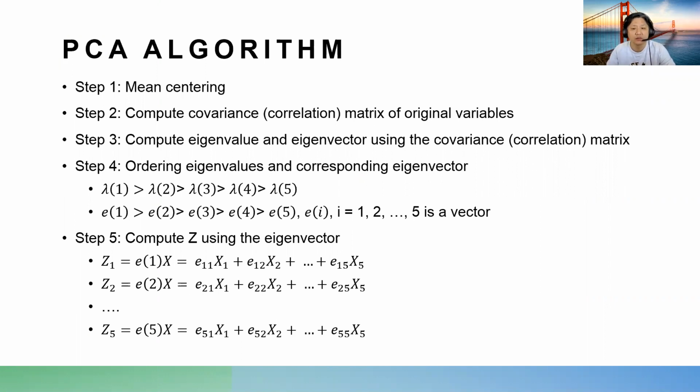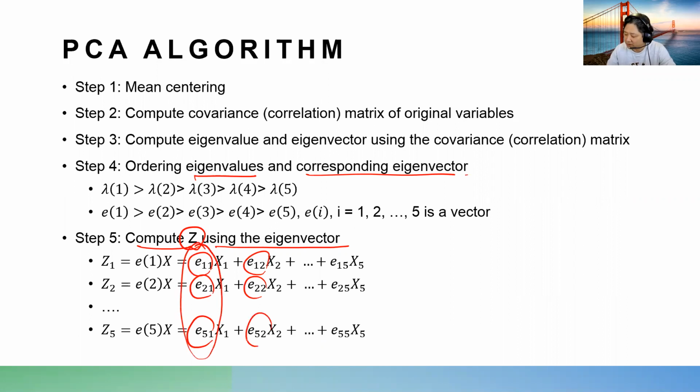To do PCA, we mean center and standardize, so we use the correlation matrix and get the eigenvalues and eigenvectors from it. We order the eigenvalues and eigenvectors, and then we can compute Z using the eigenvectors. This is the eigenvector of the largest eigenvalue, and this is the eigenvector for the second largest eigenvalue. So this is PCA.